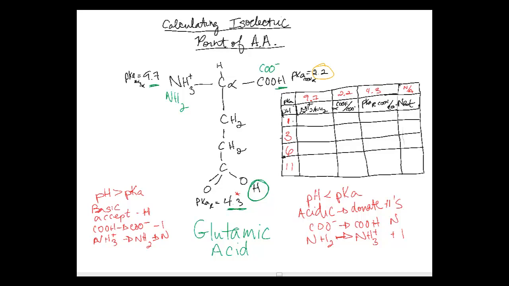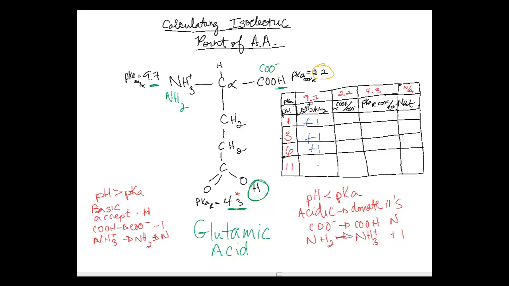So at pH 1, everything's acidic, so that means all of my species will be protonated. So NH3 pluses everywhere, so that's a +1, +1, +1, right?